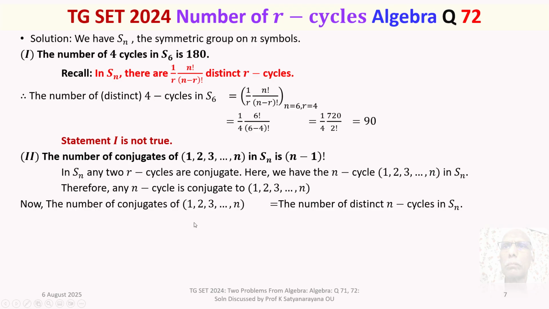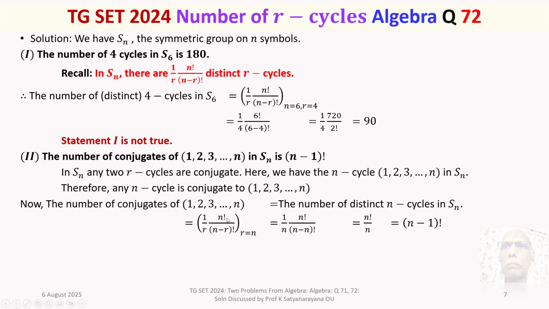So, use the above formula only, for r equal to n. That will be equal to 1 by r, n factorial by (n minus r) factorial, for r equal to n. In the above example you calculated 4 cycles. Now you are calculating n cycles.